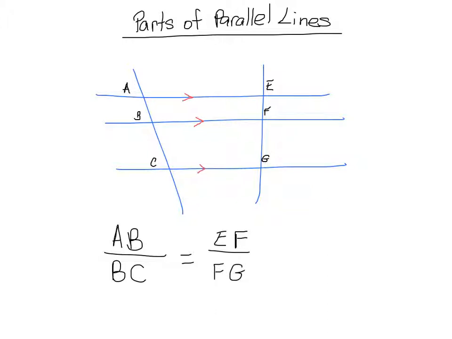So all the parallel lines do in this case is cut our transversals into proportional parts. So this over this will give you this over this. And this is only true if our lines are parallel.